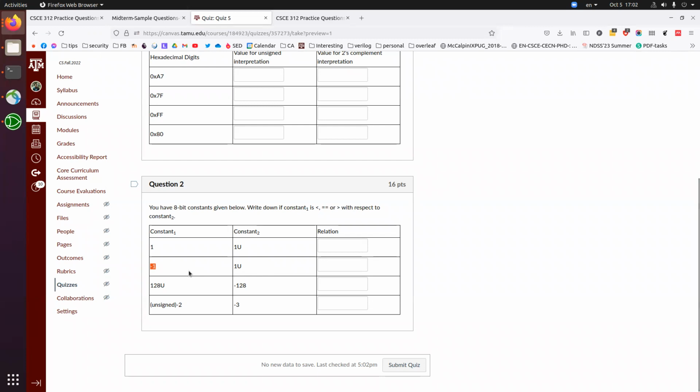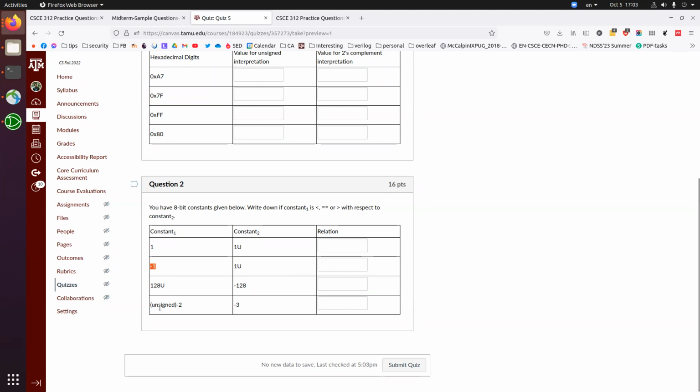If it's a signed comparison, this should be smaller. So assuming this is an unsigned comparison, -1 will actually be greater than this one. But if we have -1 as a signed comparison, which is the normal case that we can assume, then -1 would actually be less than 1.